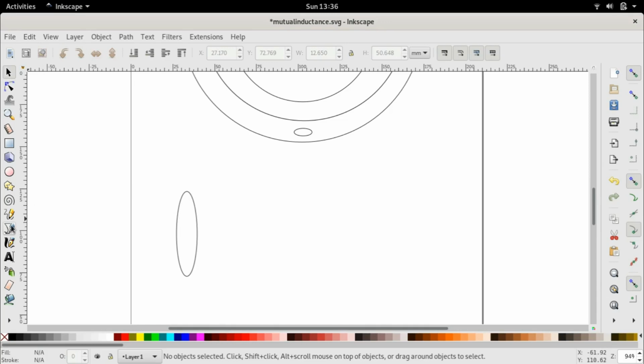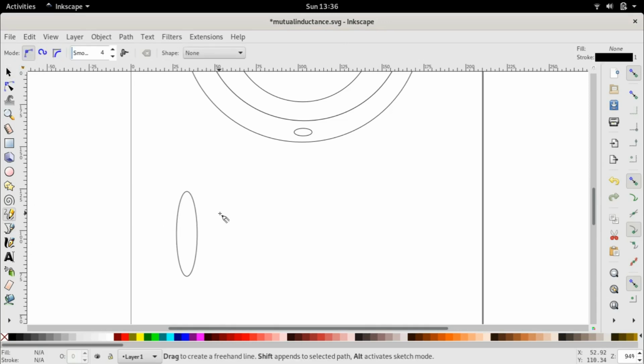And because it becomes a south pole, the flux lines enter this coil. So these are all entering because it's the south pole.